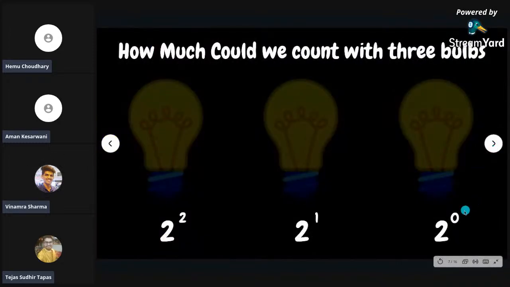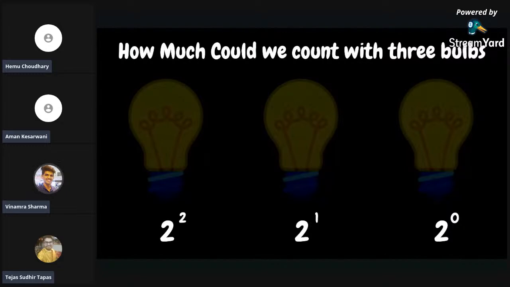So everything in binary works over powers of 2, as there are two numbers. So I have a quick question for all the audience who are present here right now. Guys, you can see your comment box, so you can answer in the comment box. Now we are going to represent some numbers with the help of these 3 bulbs.